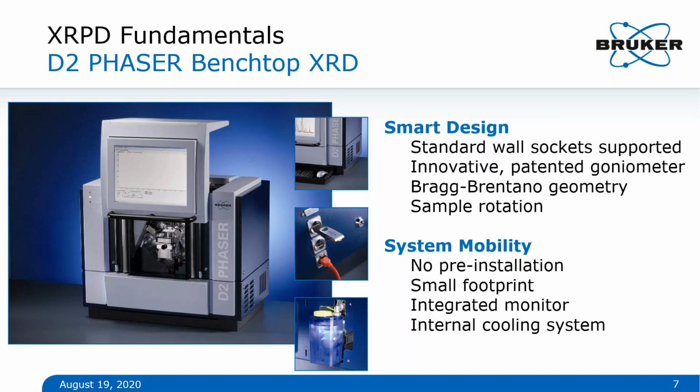So if you can plug in a computer, you can plug in a D2 Phaser. And so what's been really nice about this benchtop system is that we've been able to allow people to do these very, very important diffraction experiments in places that previously weren't possible, either due to infrastructure or space or budgetary constraints.